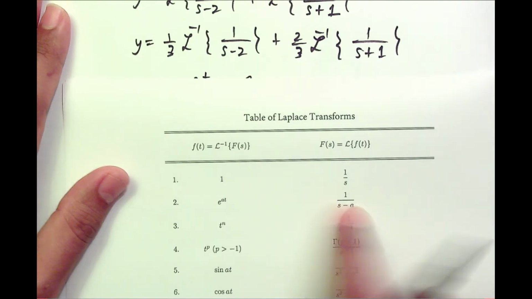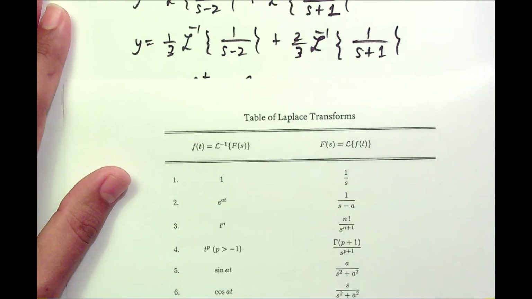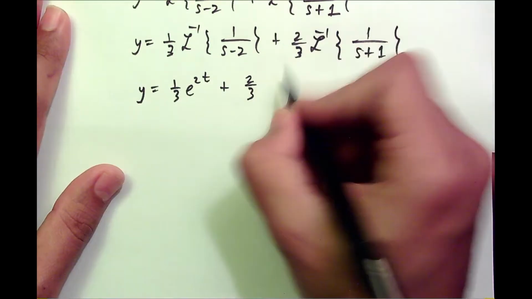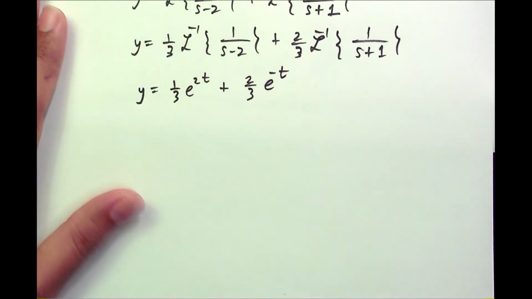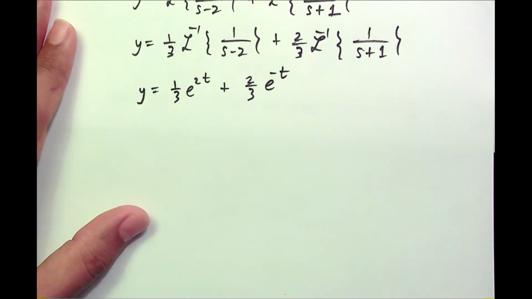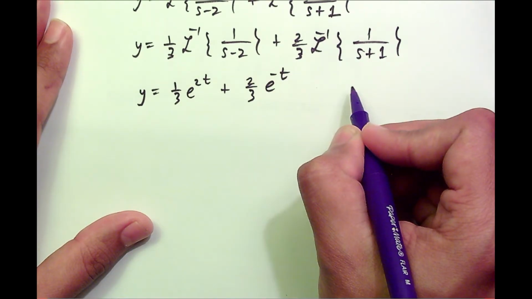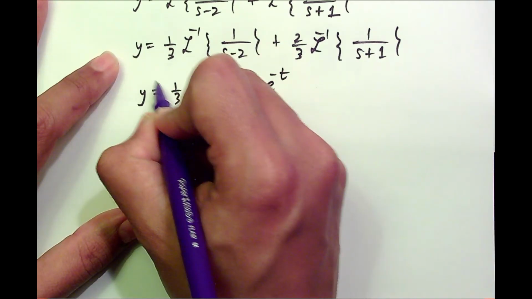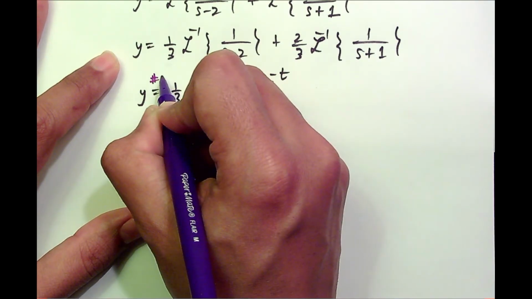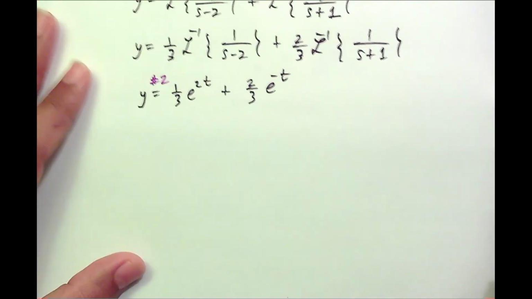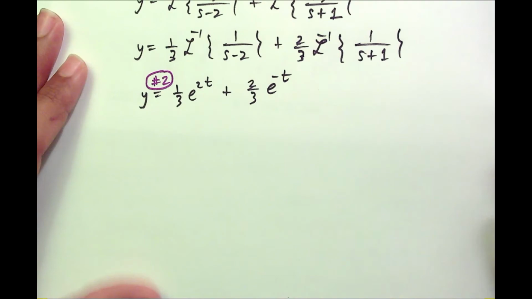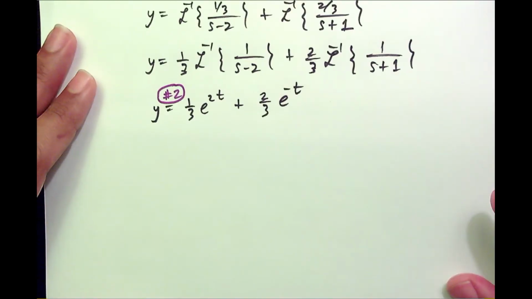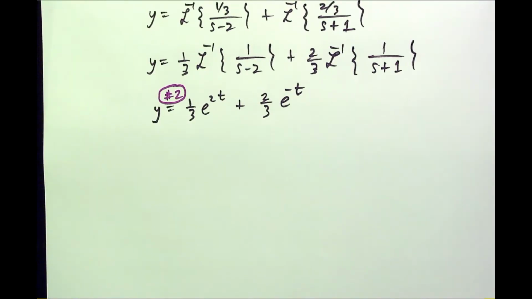So a equals -1, so e to the -1t. And I want you to write somewhere that that's what we used. You could write it here above the equal sign. I use number 2 for both of them. Just write it somewhere so I know that's how you figured that out. We use formula 2.